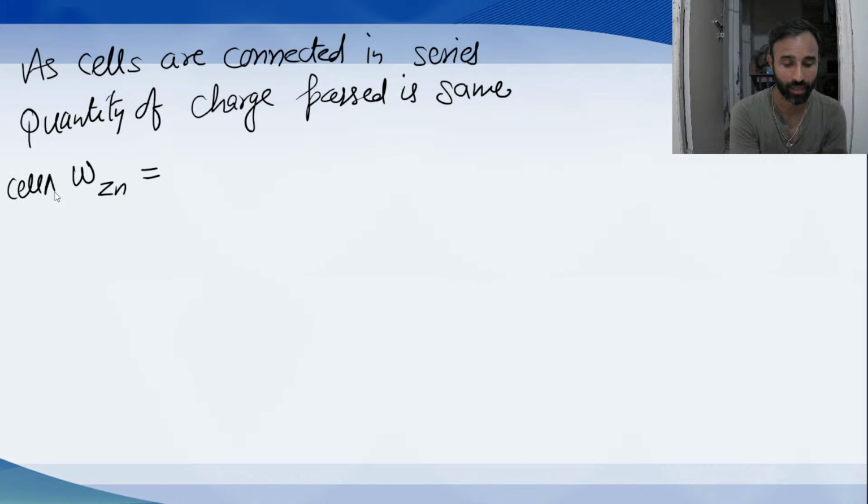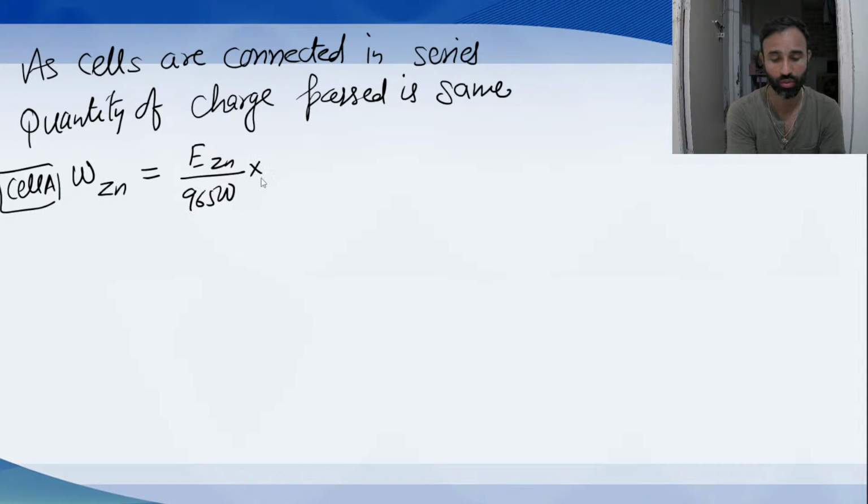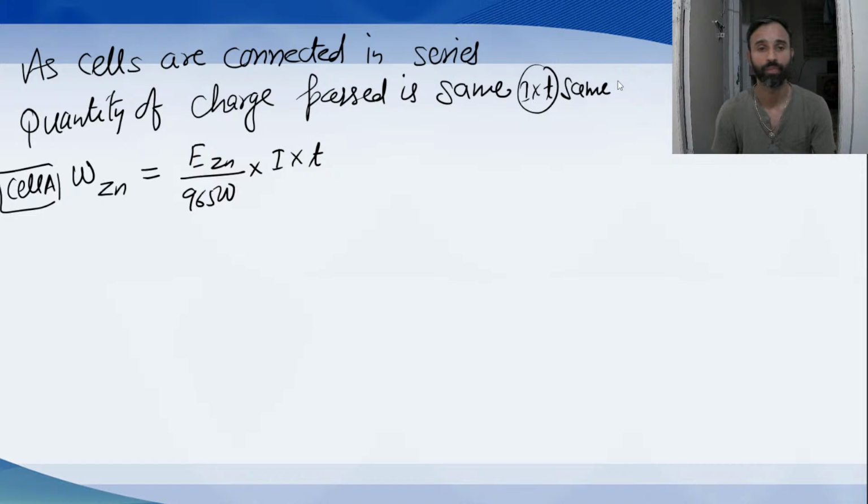cell A, at cathode of cell A, is equivalent weight of zinc divided by 96500 into I into T. Quantity of charge passed is the same, I into T is same.